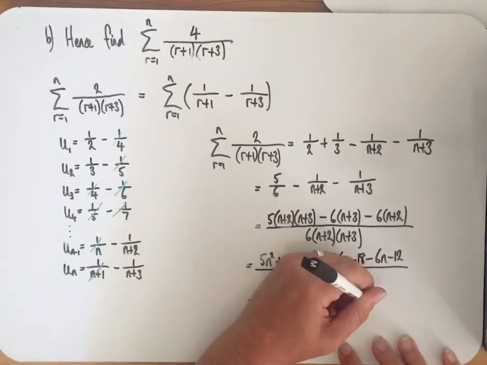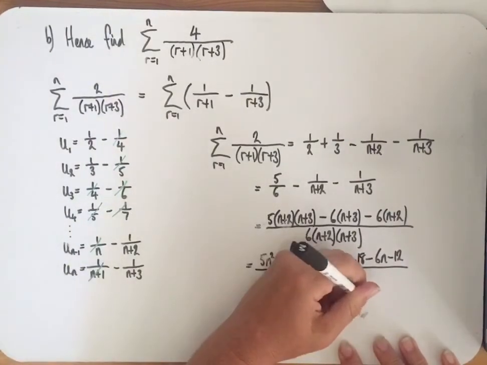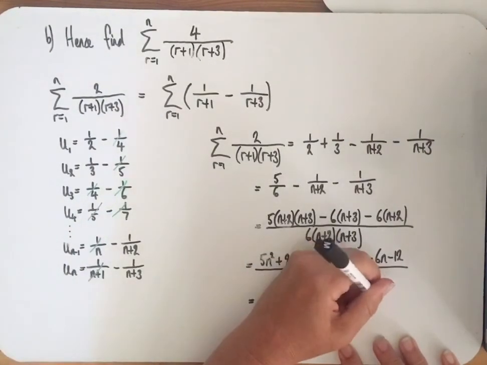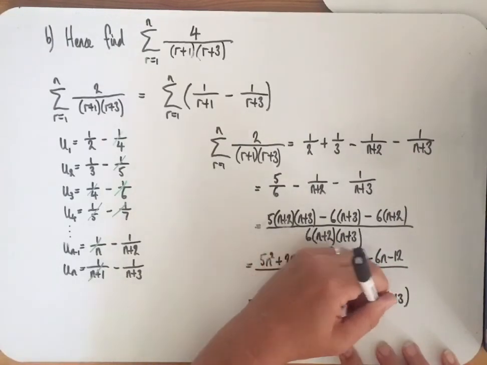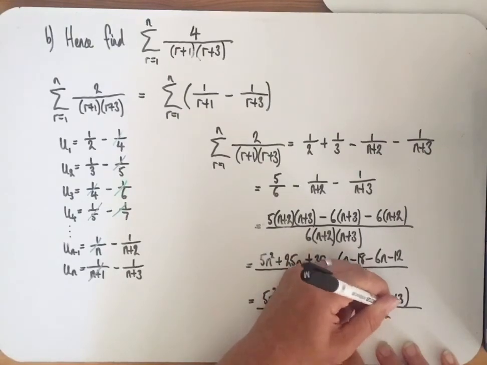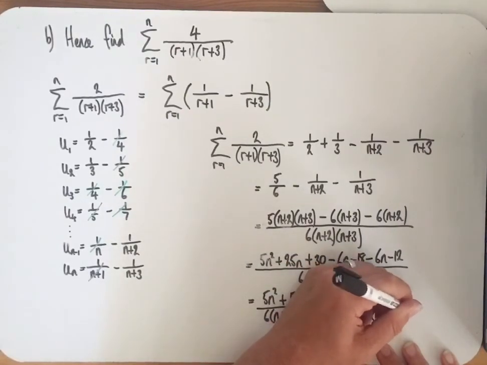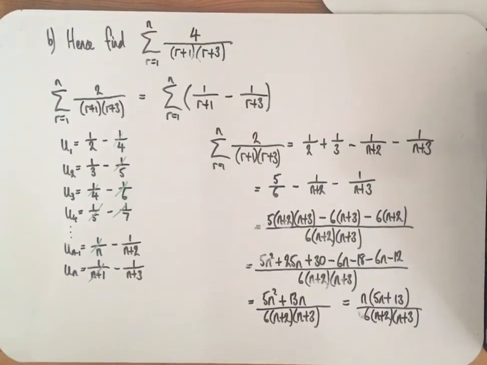So n lots of 5n plus 13 over 6(n+2)(n+3). So it's all just quite a nice algebraic exercise.